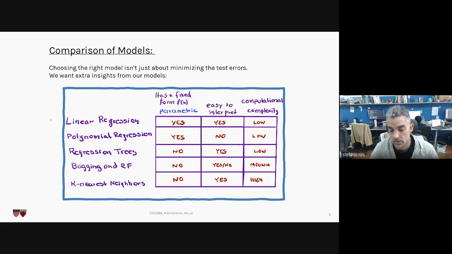Bayesian and random forest, here it's yes and no, meaning that we have a large ensemble. So we cannot go and inspect the forest and see how many trees in the forest contributed to a certain decision. The decision in the single tree is still interpretable, but when you have multiple of them, it is very hard to look at 100 trees and find a pattern there.